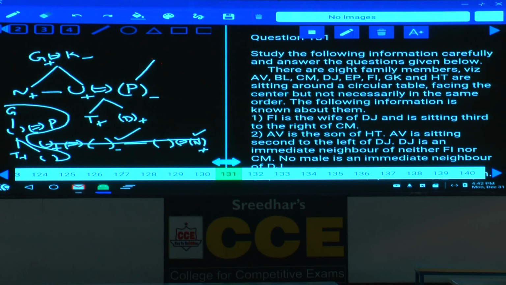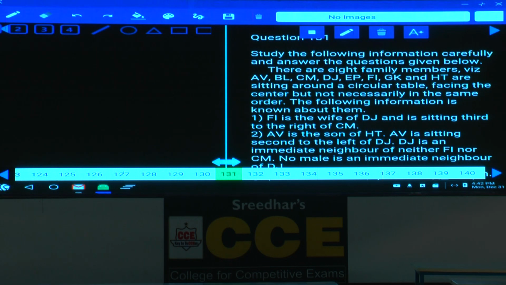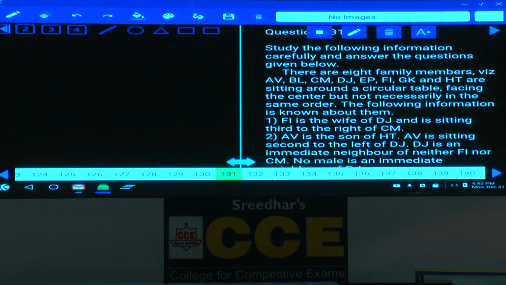FI is the wife of DJ and seated third to the right of CM. Now this is blood relations along with a circular table. FI is the wife of DJ.